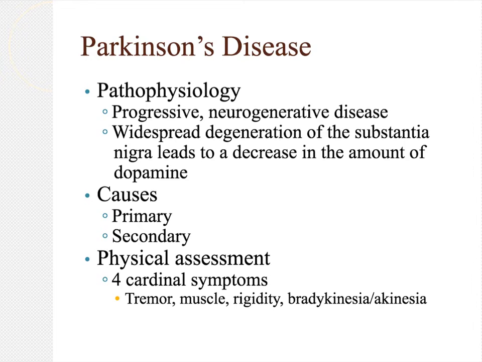There are 4 cardinal symptoms as far as physical assessment of a patient with Parkinson's disease. These 4 cardinal symptoms are tremor, muscle rigidity, bradykinesia or akinesia. Bradykinesia means slow movement. Akinesia is referring to no movement.